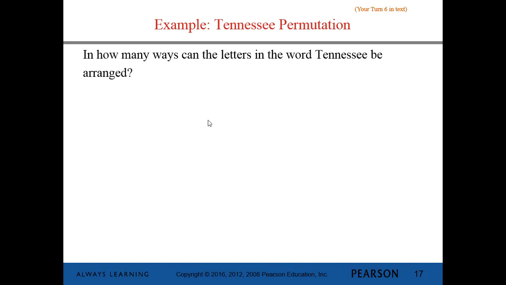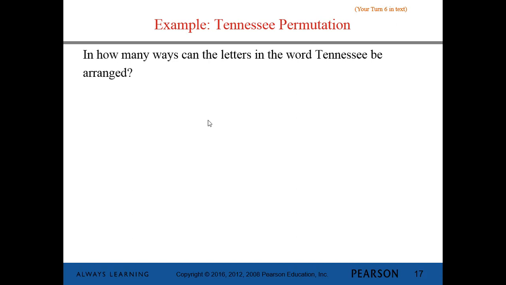So the way we need to handle this is by using what we call distinguishable permutations. Okay, so we have different categories, and each one of these values are different types.